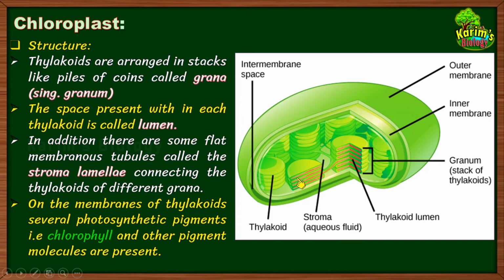And ultimately, as all the thylakoid membranes consist of chlorophyll molecules, they appear green in color, and altogether the plastid, this chloroplast, appears green in color. Okay, so if somebody asks you what is the exact location of chlorophyll molecules in the chloroplast, then what do you say? They are present on the surface of the thylakoid membranes. Okay, so that's about the presence of chlorophyll.